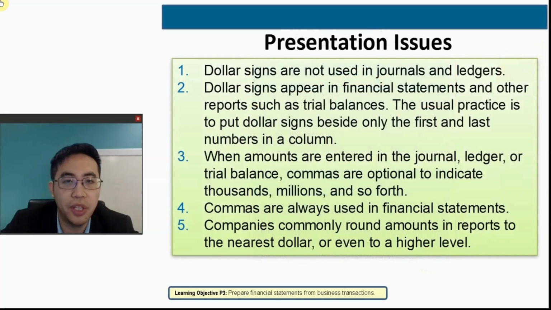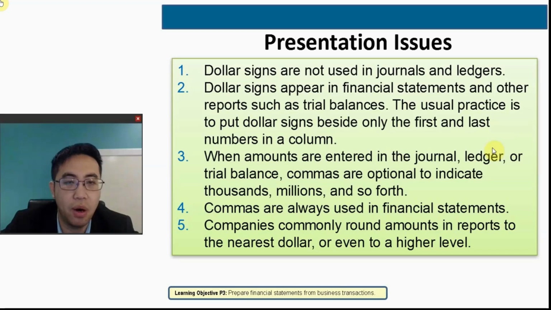And we also have some presentation issues. So we could have dollar signs appear in the financial statements, and they also appear in the trial balances. And also we make sure the units of measurement are identical. It's either thousands or millions.